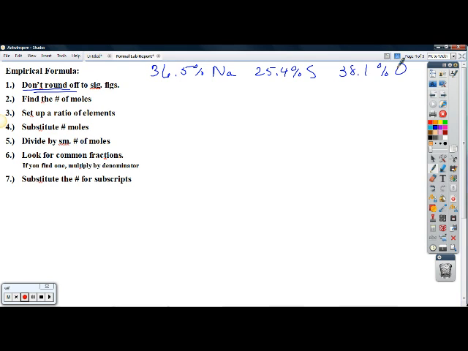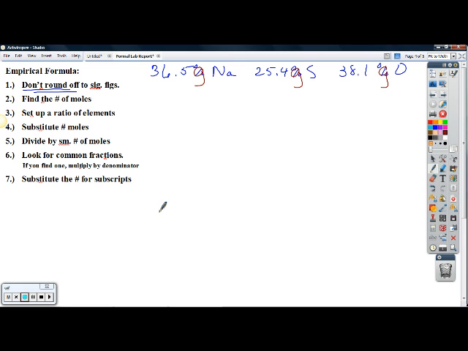Now, when you have a percentage, remember that that's based on 100. Suppose I had 100 grams of this stuff. How many grams of sodium would be in it? 36.5. So because of that, we can just change this percent sign in our mind or on our piece of paper to grams.